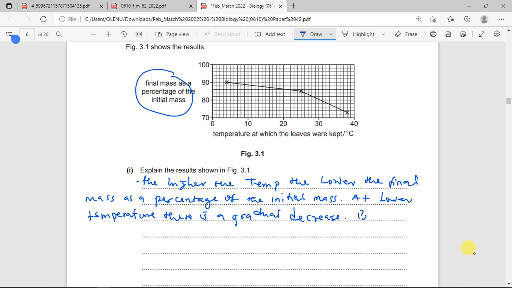At higher temperature, the decrease is faster. It's more steep. So here is steep, and this part here is gradual. But at higher temperature, there is a faster decrease of the final mass as a percentage of the initial mass.